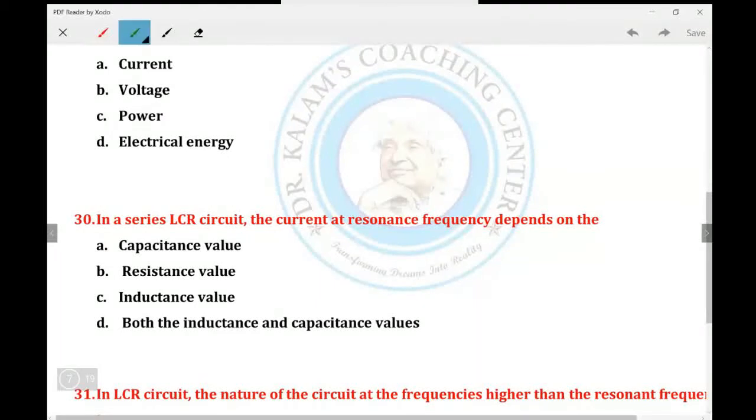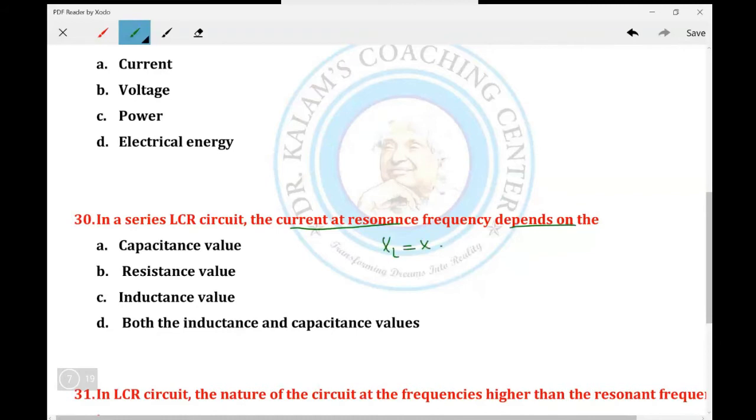Today, in a series LCR circuit, the current at resonance frequency depends on... See, at resonance frequency what happens? We know that XL will be equal to XC.